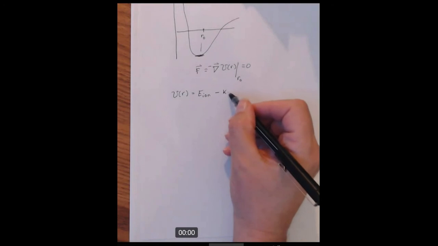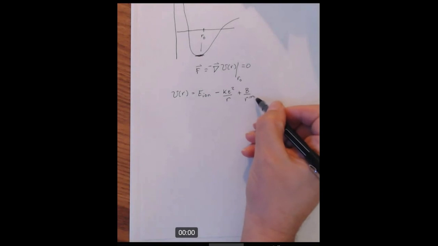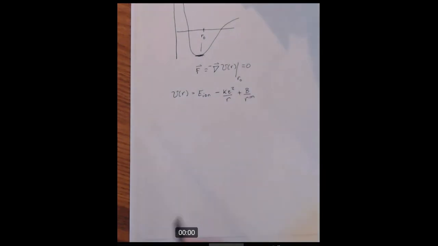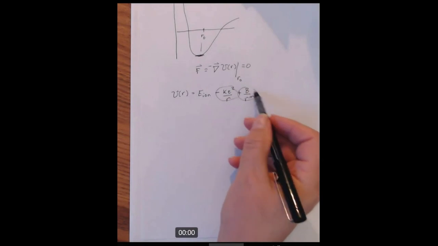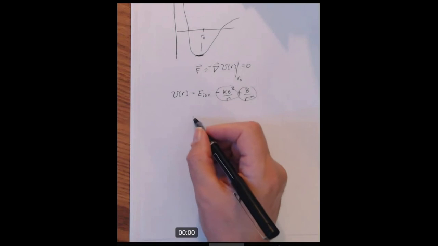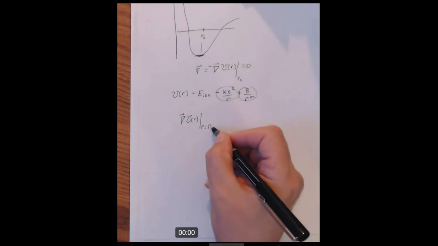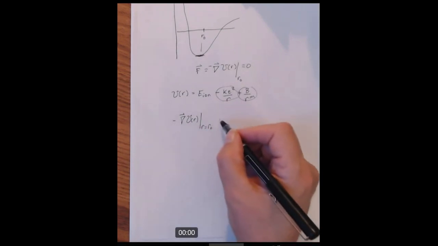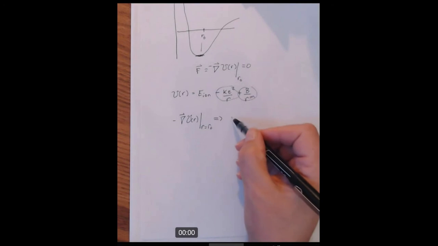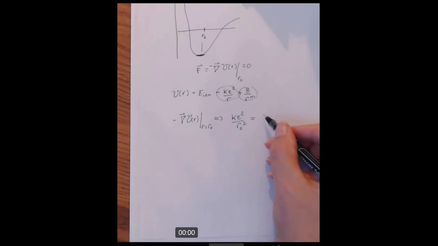Then we have this Coulomb potential, and now we have the repulsive term. If I take the gradient of this, I only take the gradient of these two. One's going to be positive and one's going to be negative. I'm going to set them equal to each other, and evaluate it at R equals R naught, the equilibrium point. So what this implies is that the Coulomb force must be equal to this if there's no net force.